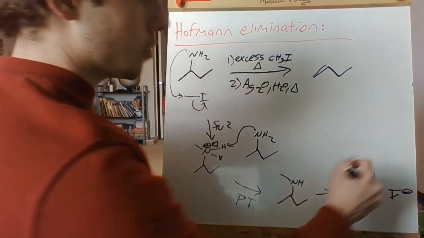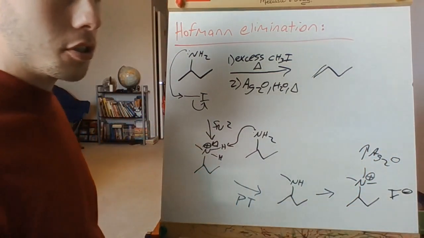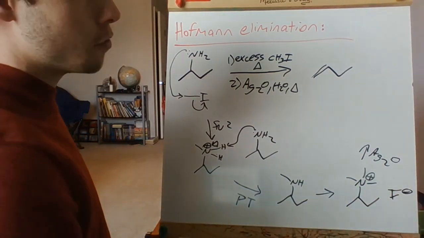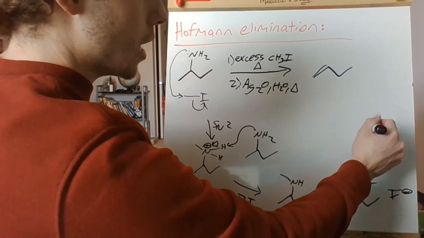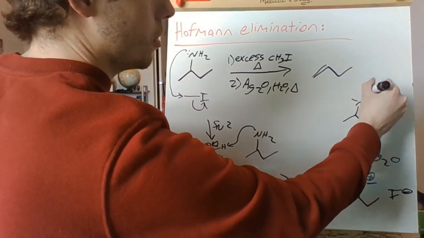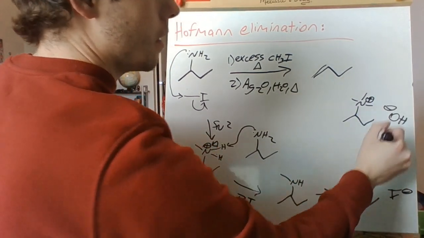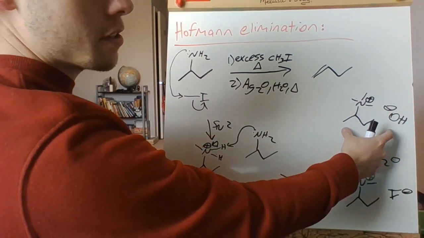We throw in silver oxide, and essentially what it does in water is it exchanges this salt from the iodide anion to having a hydroxide anion. And so it essentially switches our salt from this to this.